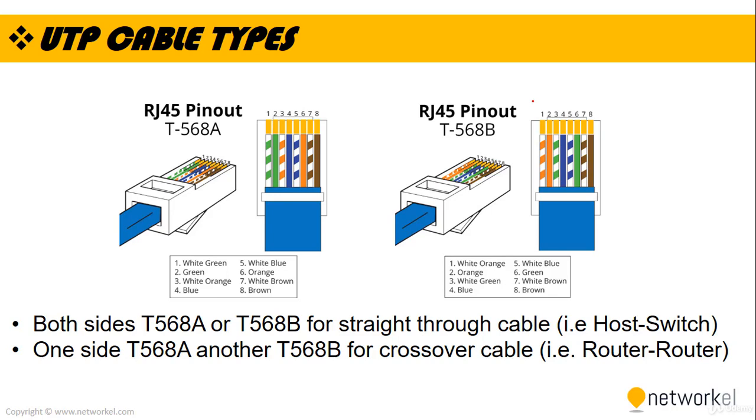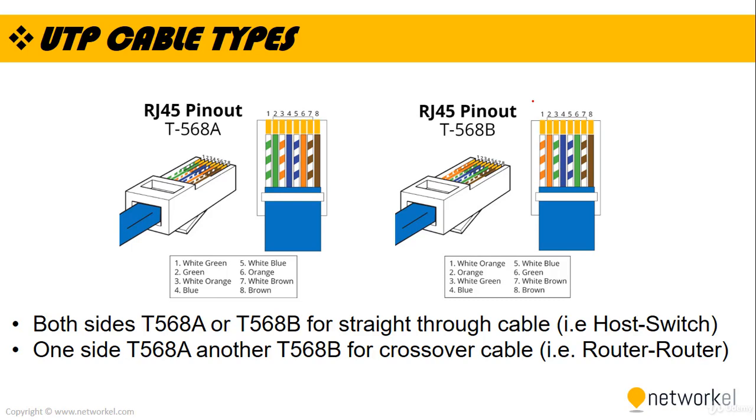Let's go ahead with the UTP cable types. T568A and T568B are the two color codes used for wiring 8-position RJ45 modular plugs. The only difference between the two color codes is that the orange and the green pairs are interchanged.